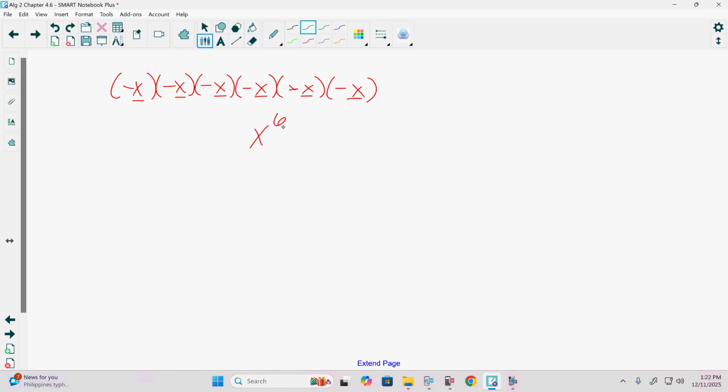The main thing we need to focus on is that negative sign attached to x. When we multiply negative x times negative x, it's going to become positive, yes? When I multiply that positive by the next negative, it's going to be negative. And when I multiply it again with the negative, it becomes positive.